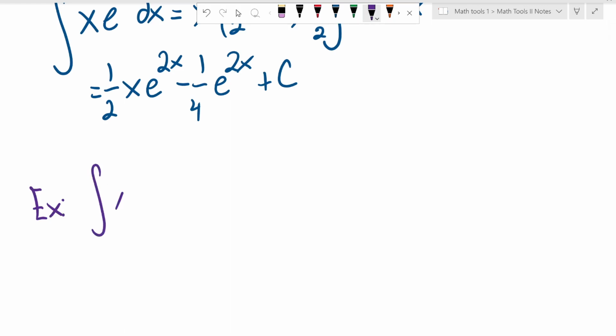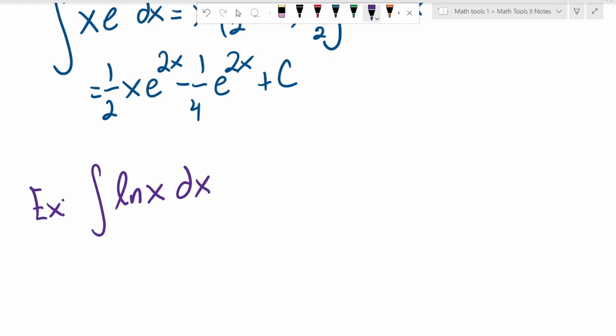You might have been wondering how to evaluate the antiderivative of natural log of x. This is a very common function, and it was suspiciously left out of the antiderivative video. The reason is that you really need integration by parts to evaluate it properly.